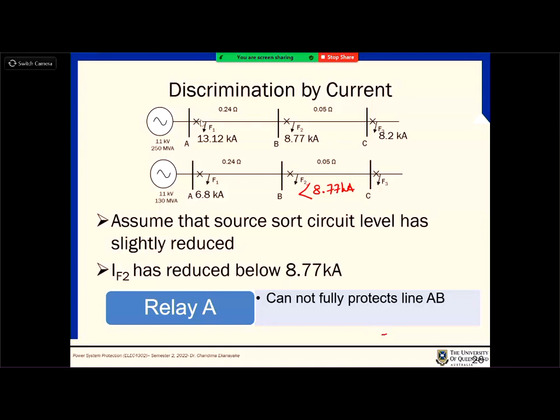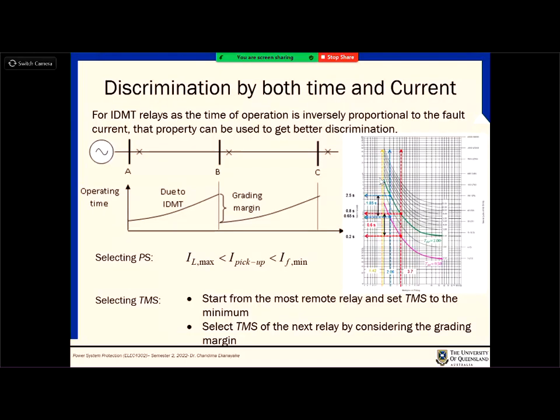There's a possibility that relay A might operate for faults between B and C. So that is an issue with this sort of system. Then that's why we are introducing something called discrimination by both time and current. So that is the best coordination between the relays.